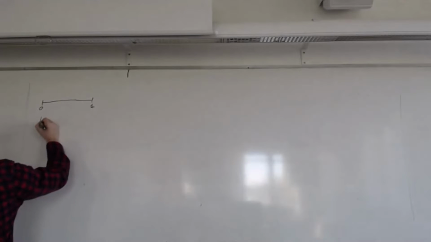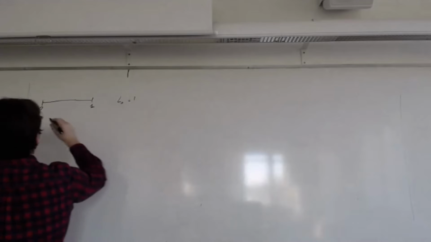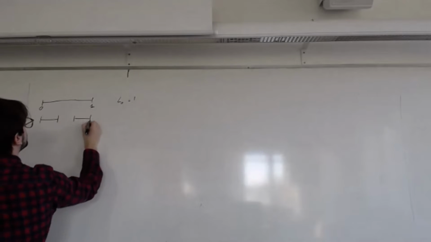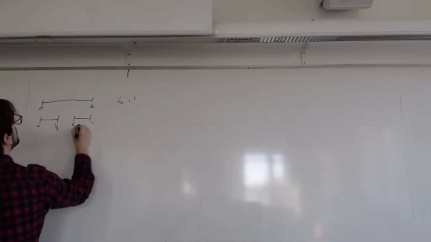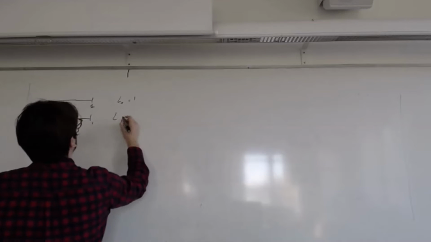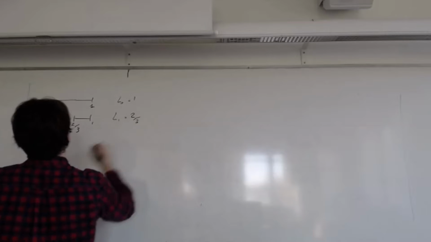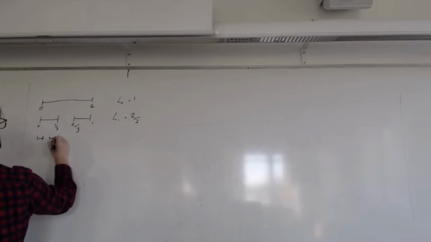So if we want to reproduce the Cantor set, this is L0 equal to 1, and then we can split it up in thirds. So here L1 is equal to 2/3, and then we split this up into thirds again.